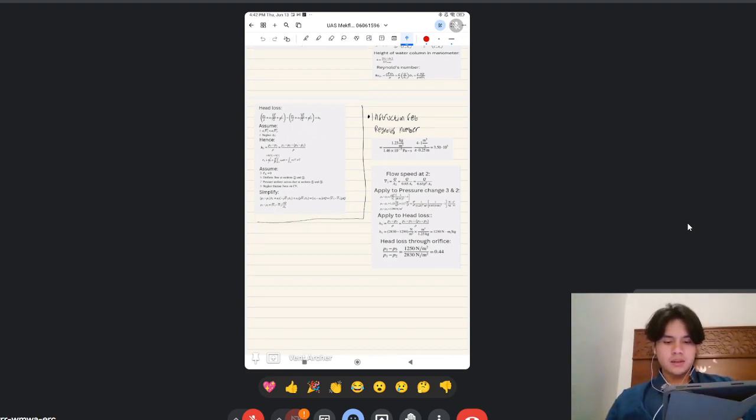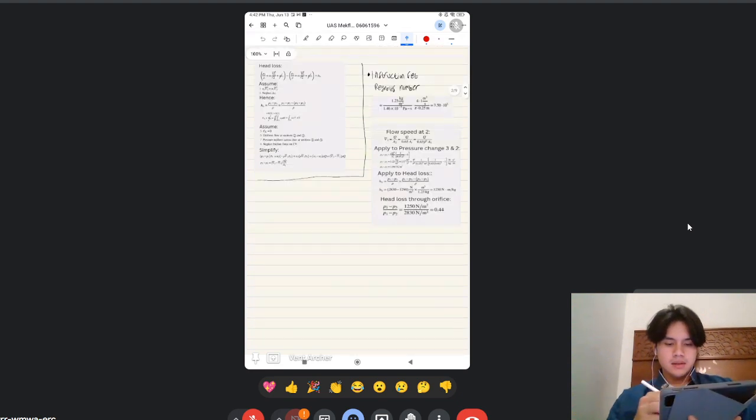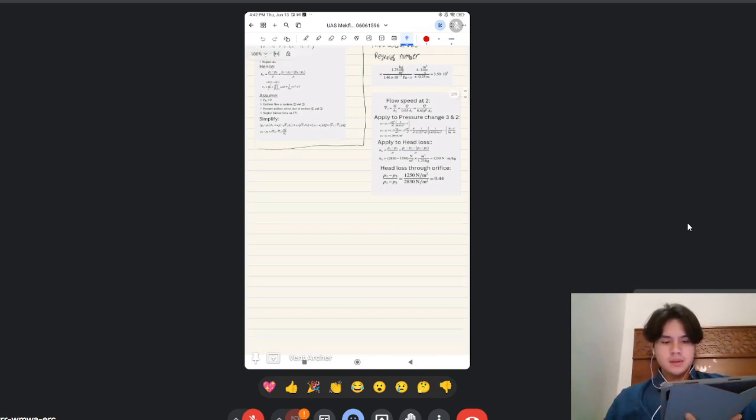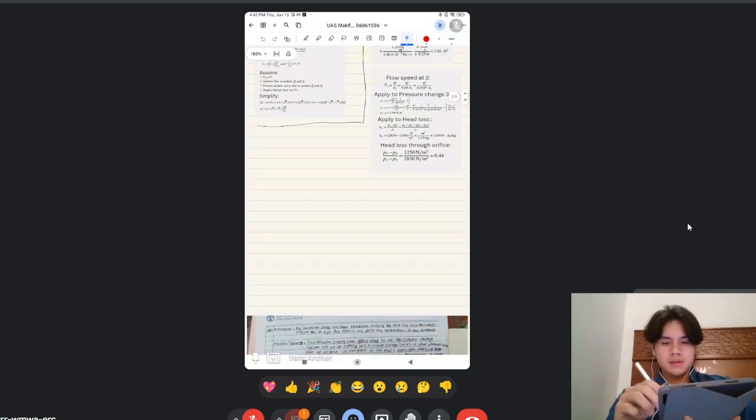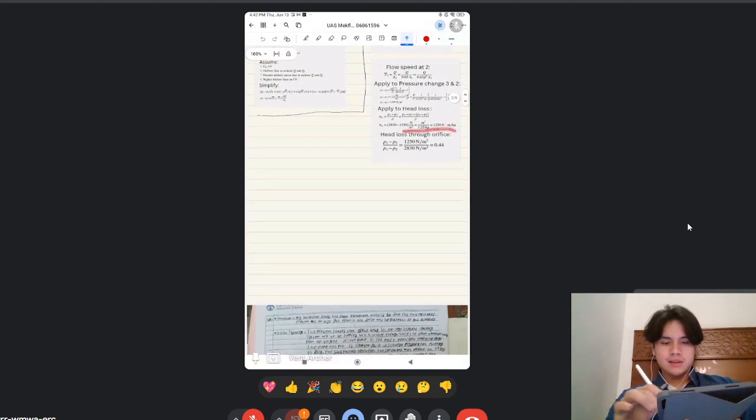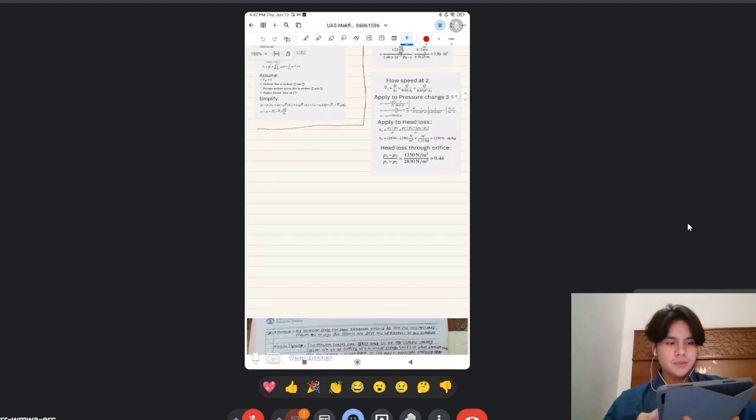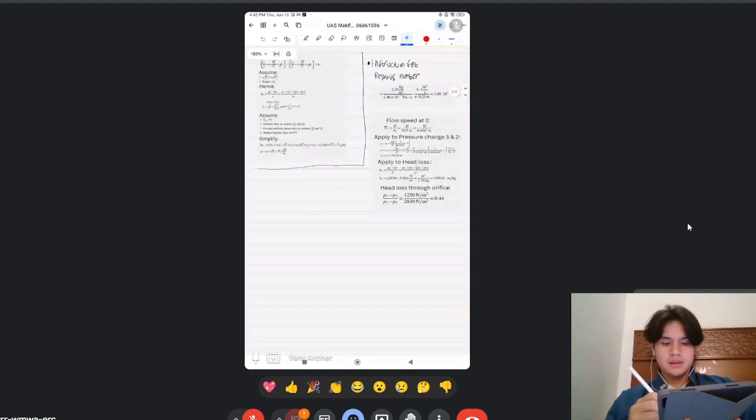If we apply that to head loss, we'll find that the head loss for air is 1250 newton meters per kilogram. Now that we've got all that, we can apply it to the head loss through the orifice. Hence, we get that the head loss through the orifice is 0.44.